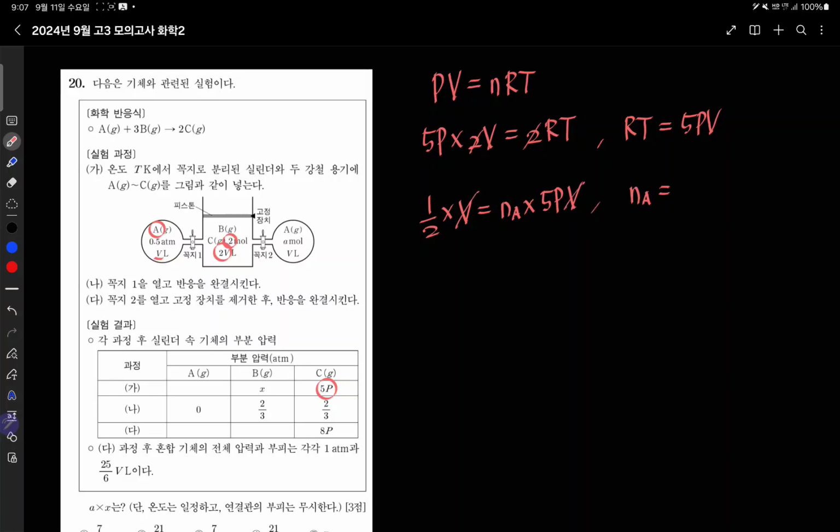So the amount of gas A before the first reaction is 1 over 10 times P. And for the amount of gas B before the first reaction, pressure of gas B is X, and volume of gas B is 2V. So the amount of gas B before the reaction is 2X over 5P.